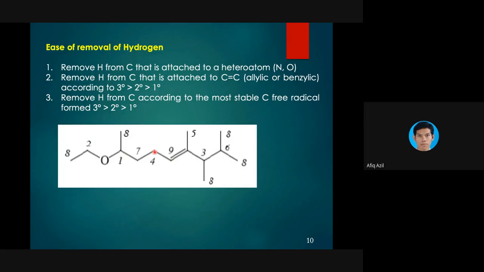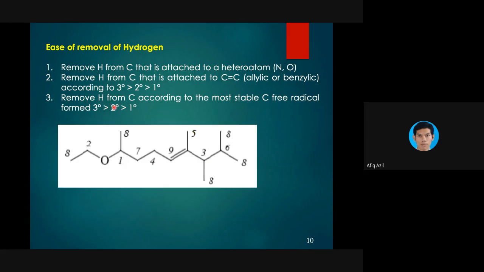This carbon is secondary because it is bonded to 1, 2 carbons. This one is primary, bonded to only this carbon, while this carbon over here is bonded to 3 other carbons, 1, 2, and 3. So tertiary, secondary, primary: number 3, number 4, and number 5.